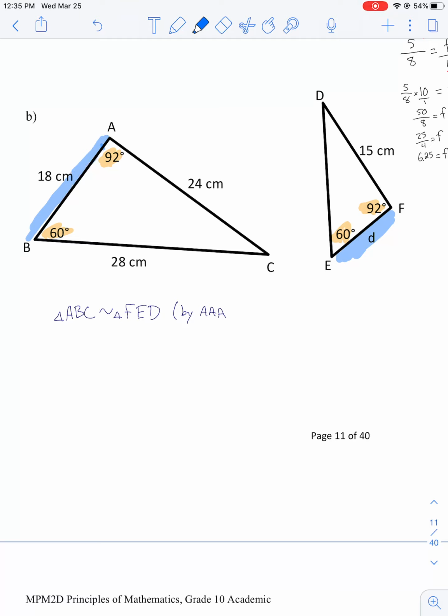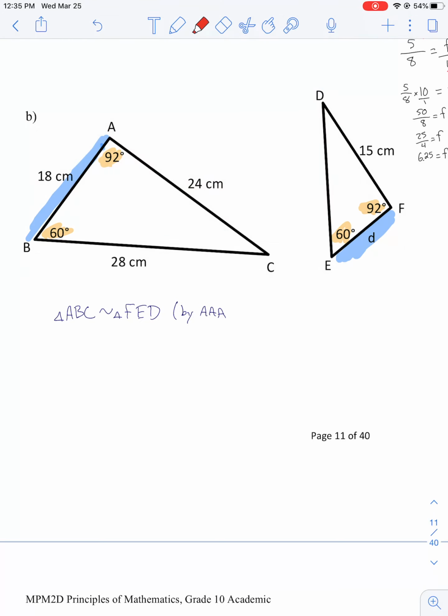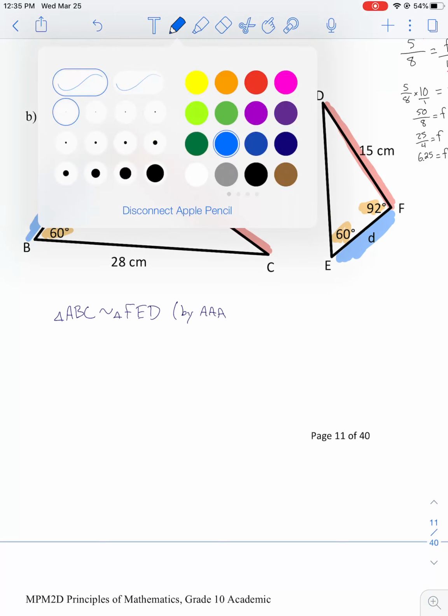And same thing on the other side. If we take a look at the smaller triangle, it is 15, so between F and D, we've got the side length of 15. So we need to scale that number up to get the answer of 24. So the question is, what is that scale factor? What is that ratio that makes these two triangle side lengths similar to each other?